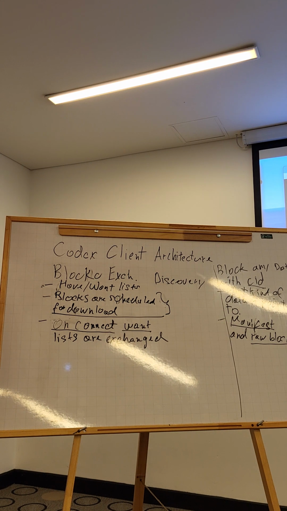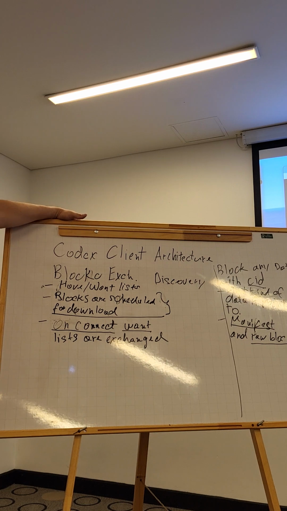Yes, we do know the structure of the data set, and that might be a hint of what else needs to be sent back, so it can prioritize what happens. Exactly. But we don't have that right now. The block exchange is largely agnostic to the erasure code and the structure of the data set.